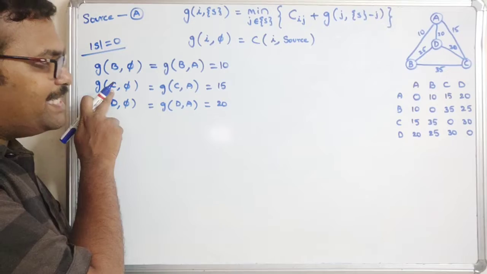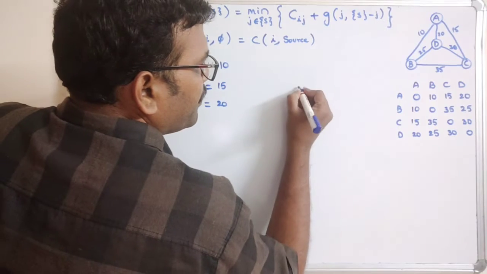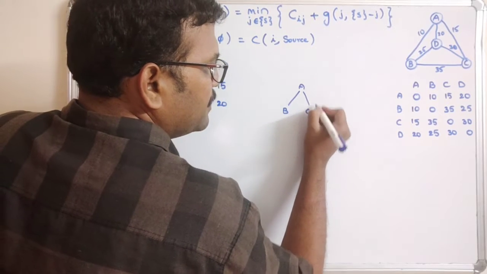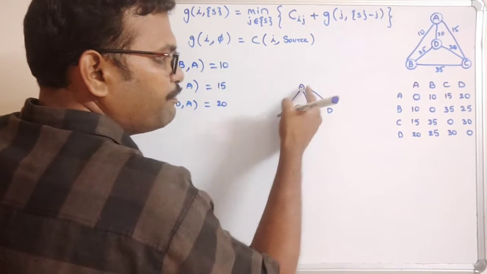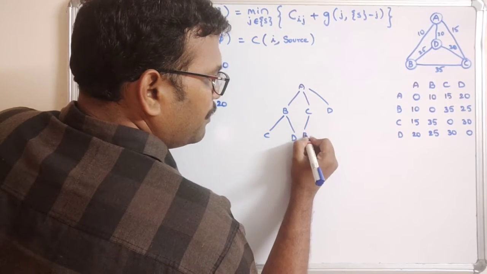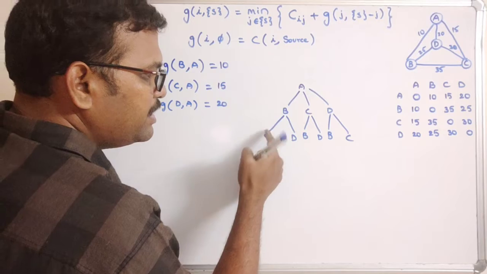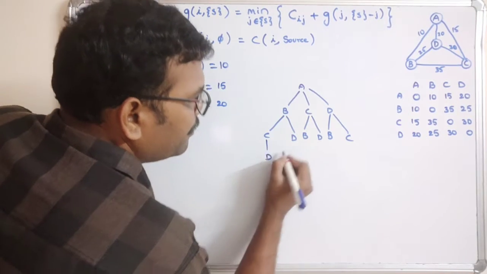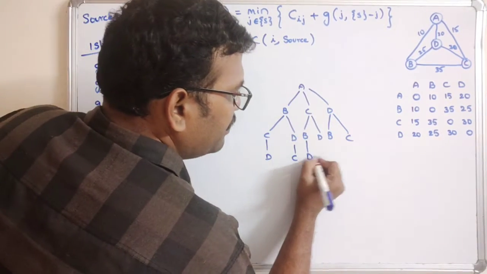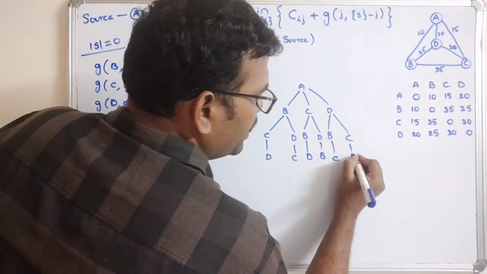And if the last vertex is C, C to A. For example, A is here, the next edge can be B, C and D. From this, if B, the next edge can be C and D. Next edge can be B, D. Next edge can be B, C. And A, B, C, obviously it will be D. A, B, D, obviously it will be C. If A, C, B, it's D. A, C, D, it's B. A, D, B, it's C. A, D, C, it's B.